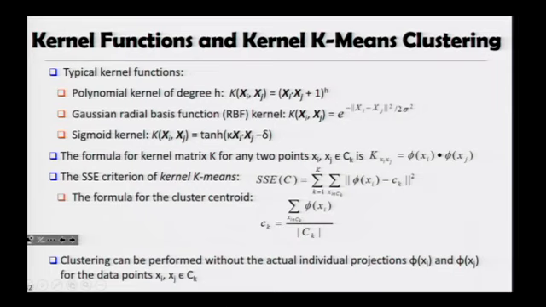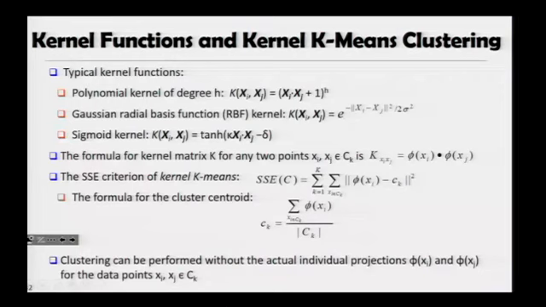So far we have no idea what this kernel transformation function is. And the magic of the kernel method is that you don't actually need to explicitly compute this kernel mapping function. Look at the objective of the clustering here: if we simply use the sum of squared error criterion in k-means, you are computing the distance from phi of xi to the centroid, where the centroid is computed by taking the mean of phi of xk within each cluster.